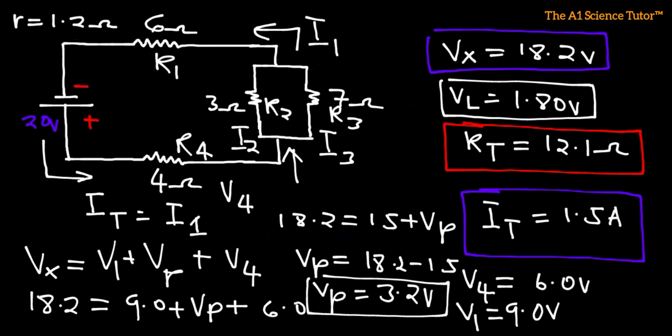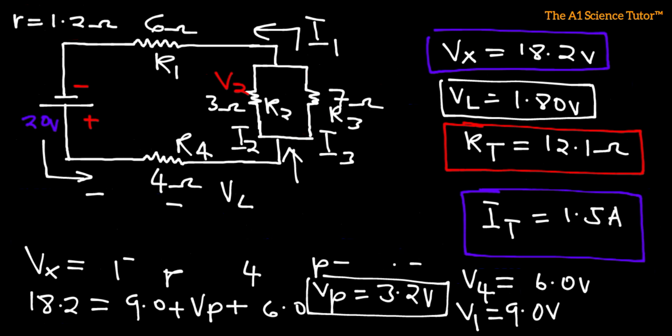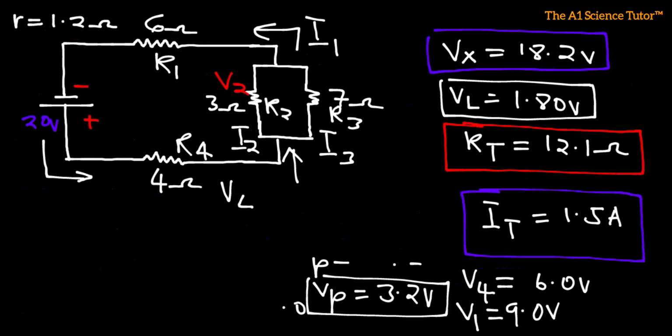So the voltage across R2, which might well be called V2, is the same as the voltage across R3, because both R3 and R2 are parallel to each other. That is going to come out very easy for us now. I'm going to use this information to find the individual currents that will pass through R3 and R2.